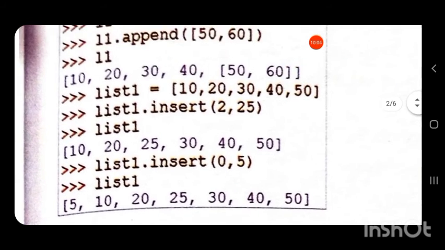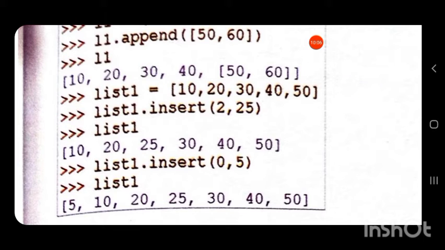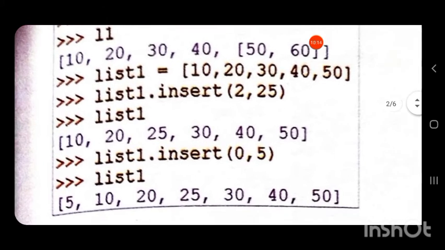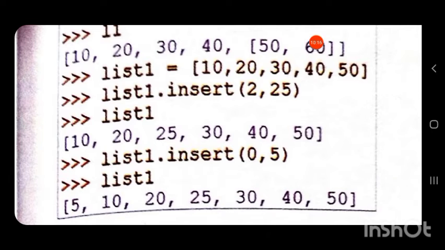Then consider another example of inserting an element at the first position. So first position means 0. List always starts from index position 0. So list 1, that is the name of the list, dot insert in brackets 2 parameters, that is index position comma value.